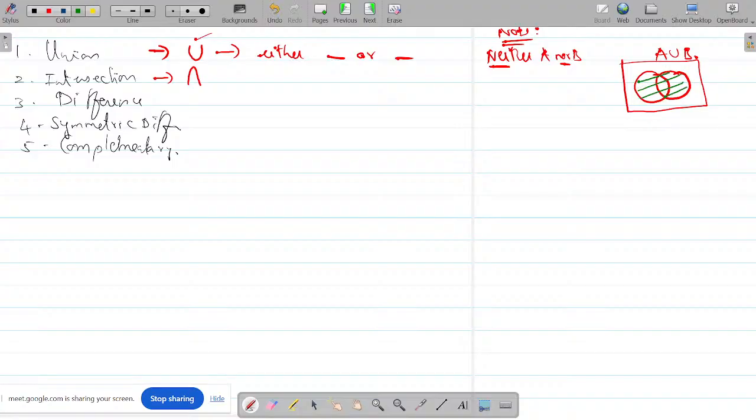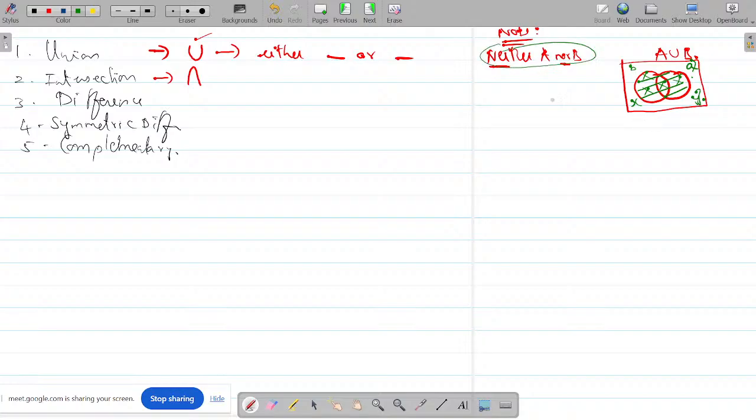This is for A union B. What does it mean in wordings? It will be either in A or in B. So it can be present over here, over here, over here. What about here? Definitely it's not present. If any element, say X or Y, is not present in A union B, it means neither A nor B.